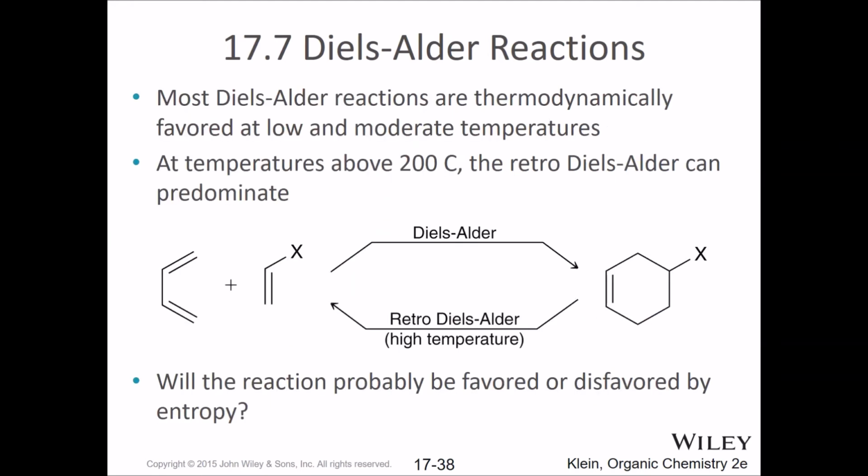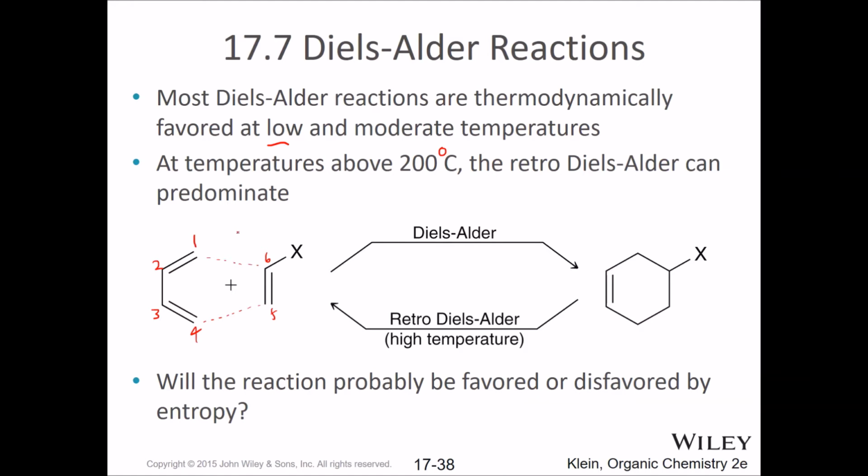Now, most Diels-Alder reactions are thermodynamically favored, believe it or not, at low and moderate temperatures. At temperatures above 200 degrees Celsius, the retro Diels-Alder can predominate. So at high temperatures, you see here's our Diels-Alder. 1, 2, 3, 4, 5, 6. If we're going to predict what happens here, we're going to make a 6-membered ring.